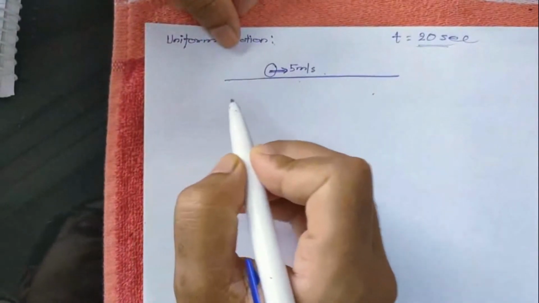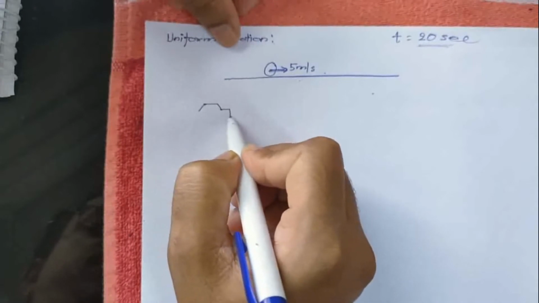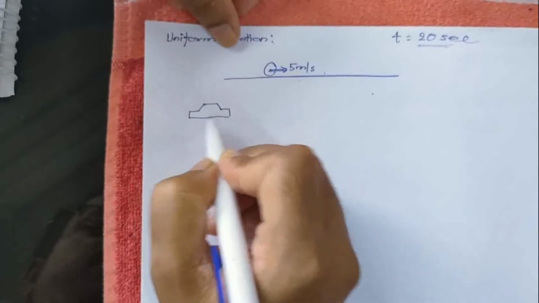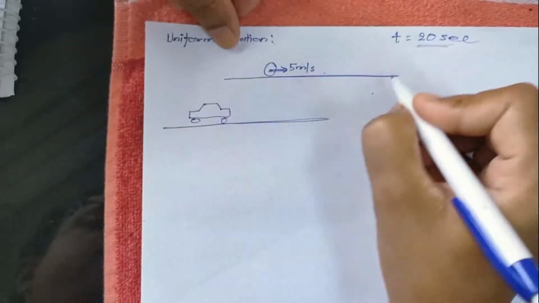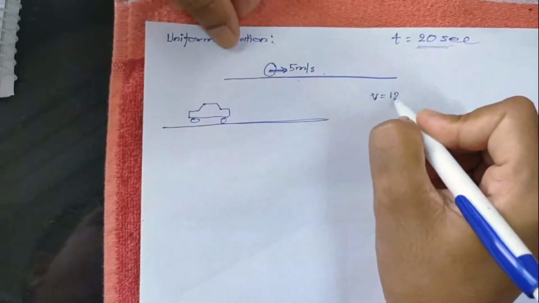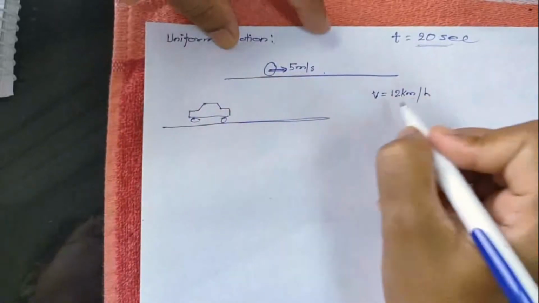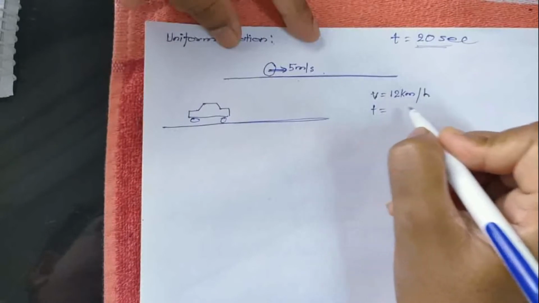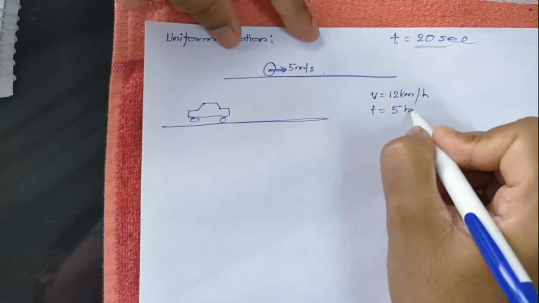Suppose you are driving a car, and you drove for say 5 hours, at a speed of 12 kilometer per hour. The time duration for which you drove your car is 5 hours.